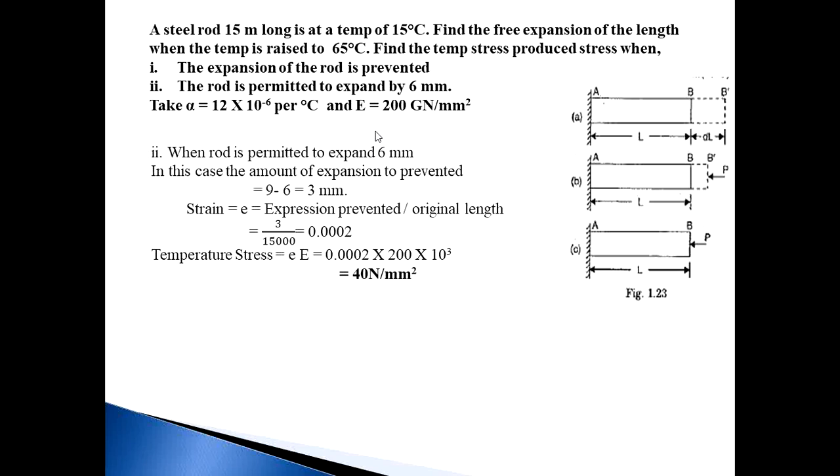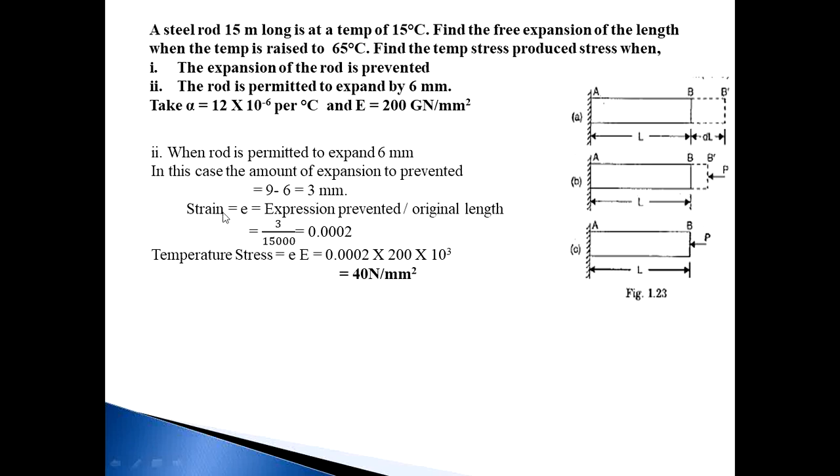So find out the stresses at that time. When the rod is permitted to expand 6 mm, the amount of expansion prevented is 9 minus 6, that is 3 mm, meaning we want to calculate stress for that 3 mm only.